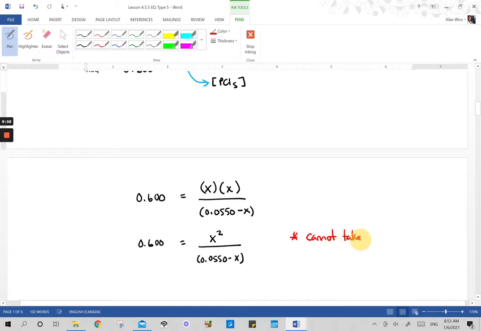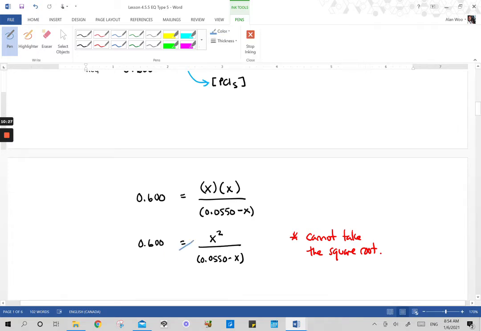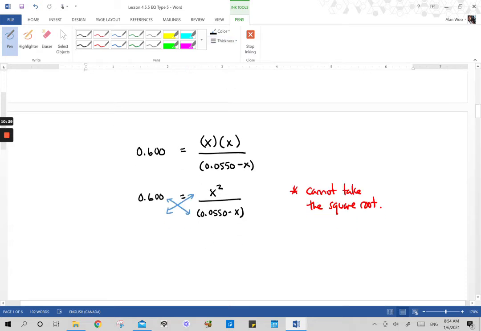And since you can't take the square root, we can't simplify this in that manner. Okay, so the only thing that we can do now is to cross multiply. Okay, so we can't take the square root, but we can cross multiply.